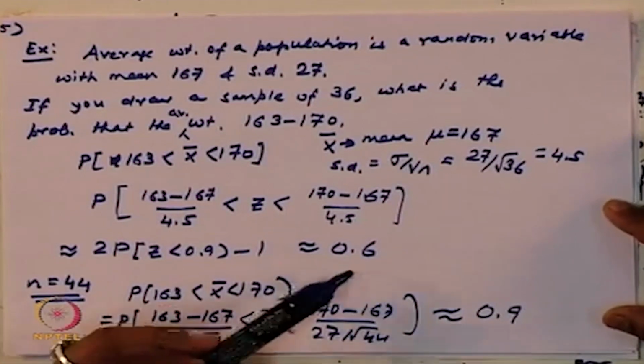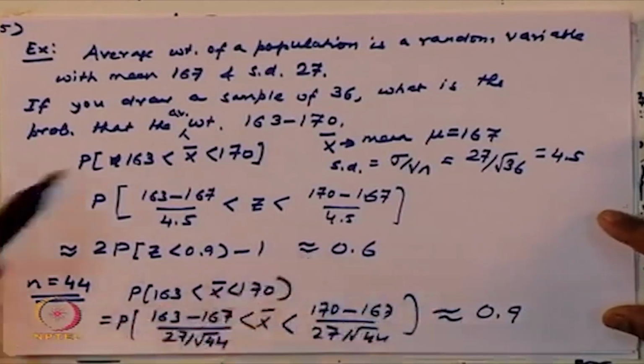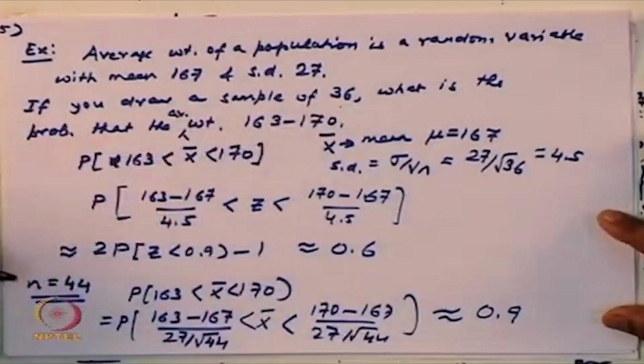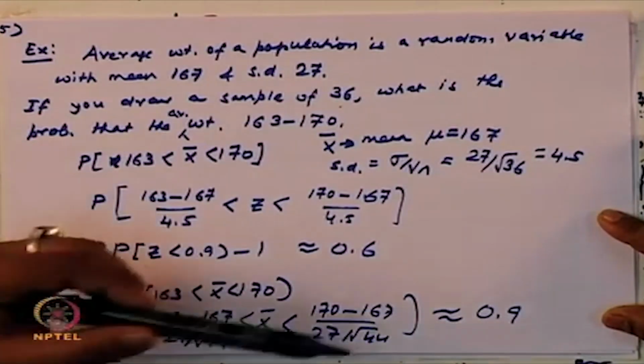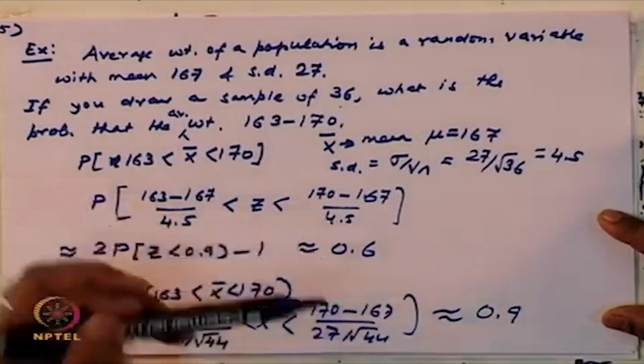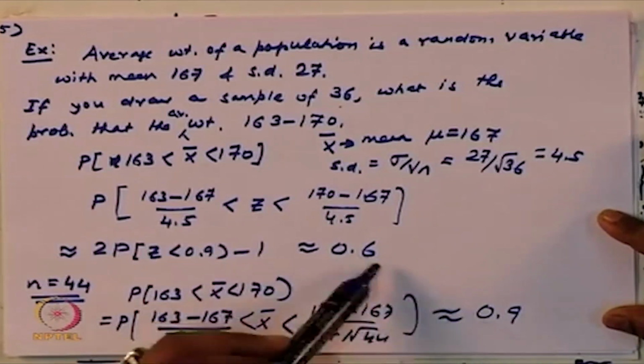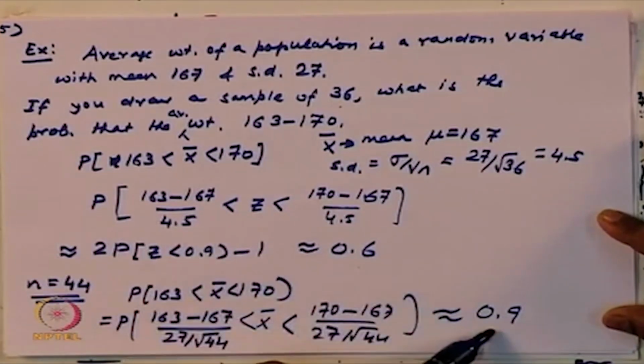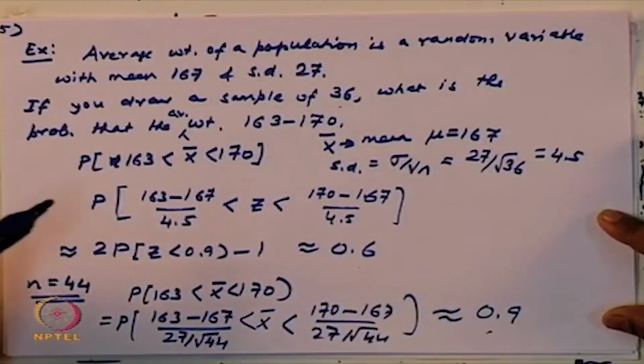So, by increasing the sample size merely from 36 to 44, the probability of this estimation increases drastically. From 60% you go as high up as 90% even for a small increase in sample size.